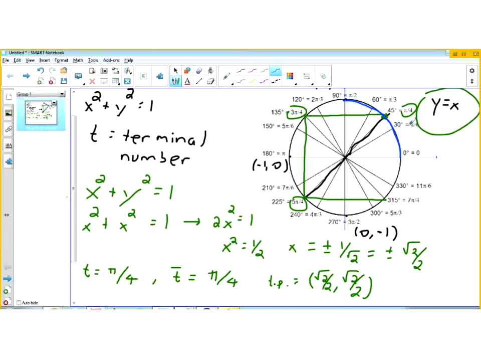So we know that the abscissa of the terminal points correspond to the cosine function, and the ordinates of the terminal points correspond to the sine function. Now the other remaining four trigonometric functions, which are tangent, cotangent, secant, and cosecant, those are all rational functions, and those require special considerations.